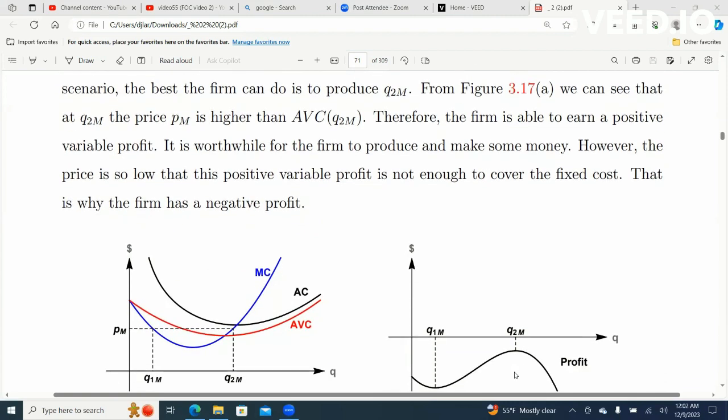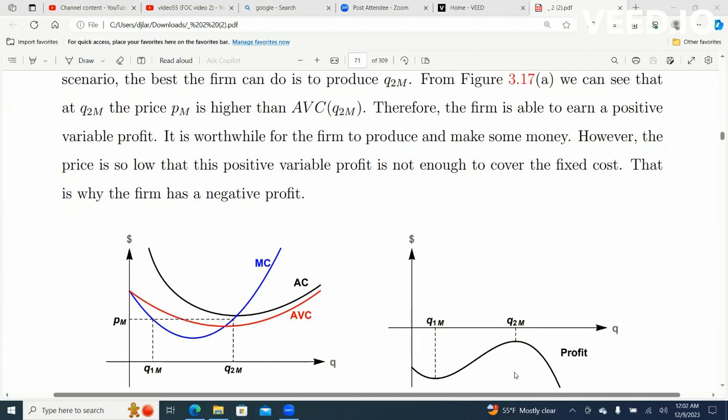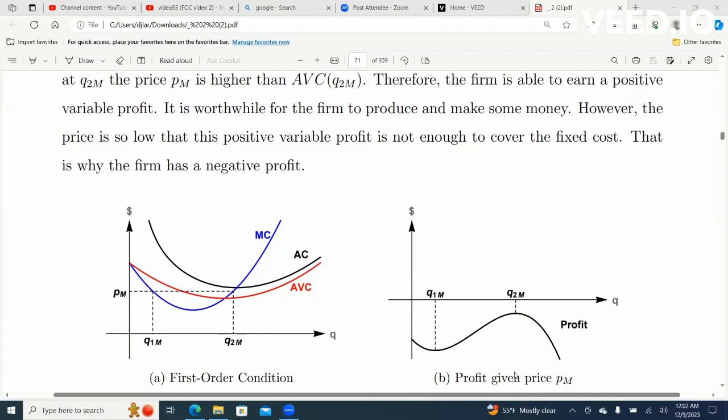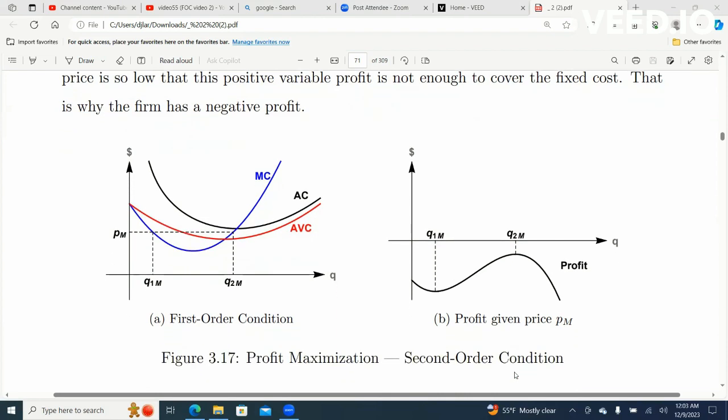At Q2M, the price PM is higher than AVC of Q2M. Therefore, the firm is able to earn a positive variable profit. It is worthwhile for the firm to produce and make some money. However, the price is so low that this positive variable profit is not enough to cover the fixed cost. That is why the firm has a negative profit.